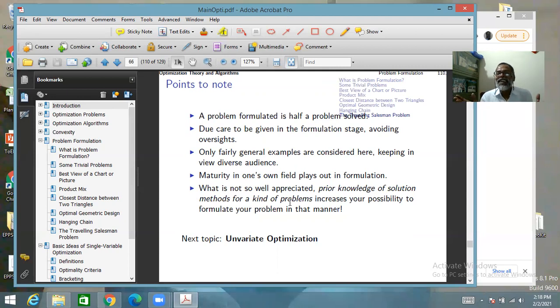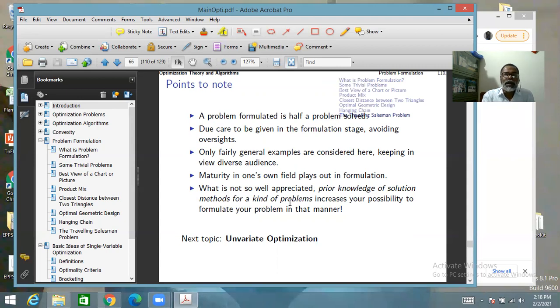You don't even know whether the problem in that form can be solved at all. You are unlikely to formulate that problem. And that is where the course utility comes in: if you know a priori that such problems can be solved, then in such forms you are likely to formulate a problem whenever it comes your way.